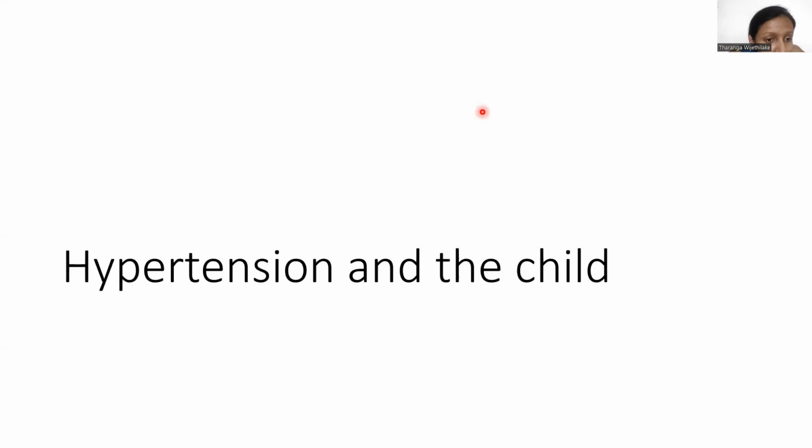What about using GTN in ICH and CVA? Right. Now, it's not an absolute contraindication. I must say that it's not an absolute contraindication. Actually, the latest guidelines say you can use it. But the argument was that GTN causes vasodilatation. Now, in ICH and CVA, as I explained before, the cerebral pressure has already gone up.